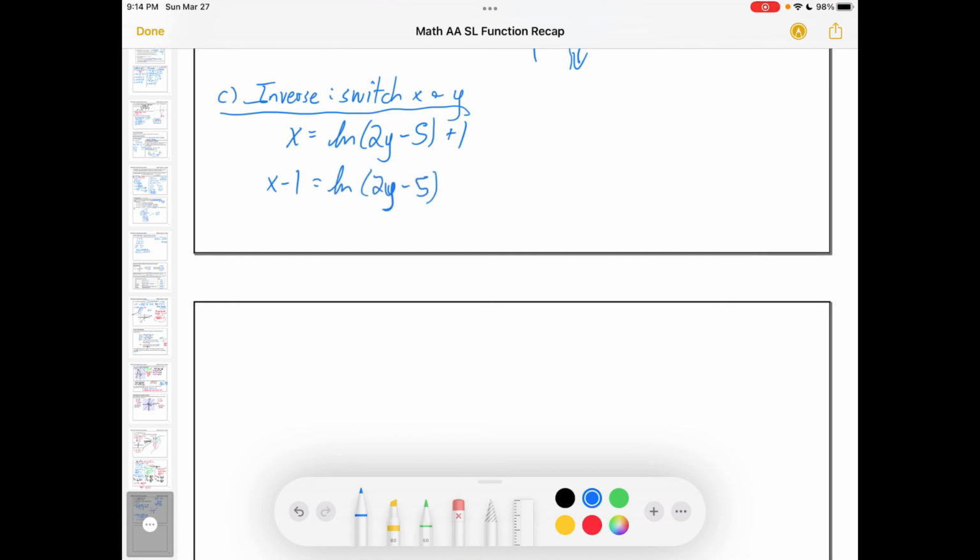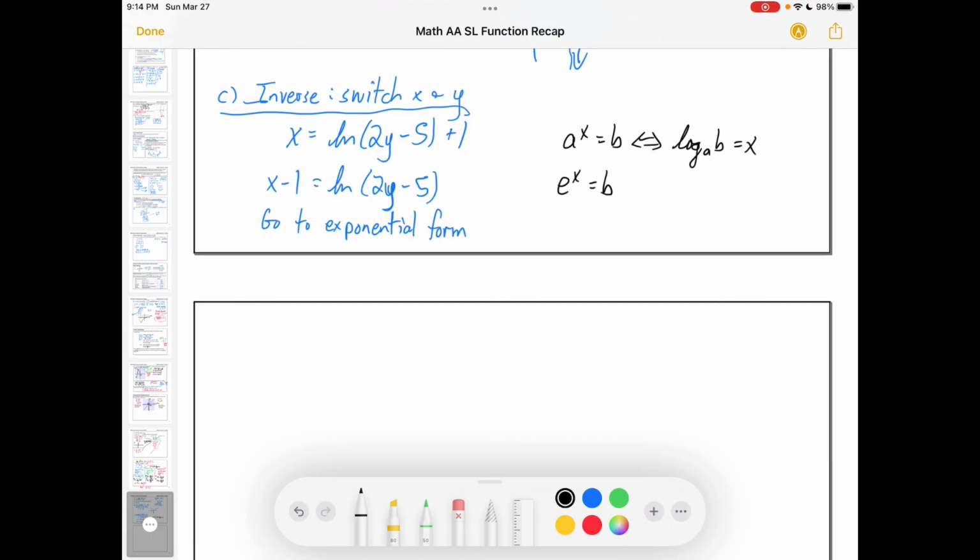And now we have to somehow break that y out of the logarithm. And the way to do that is to switch to exponential form. Again, we have this property. A to the x equals b is equivalent to log base a of b equals x. When we're dealing with natural logs, the base is e.